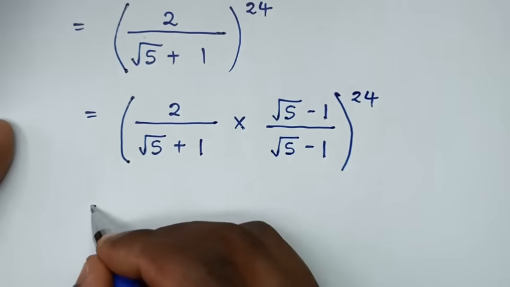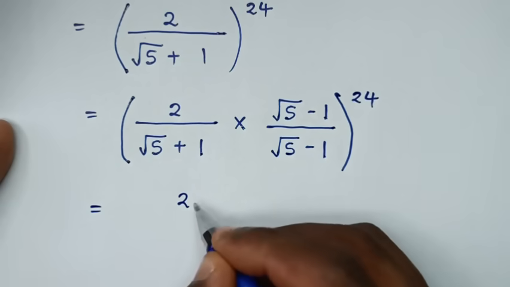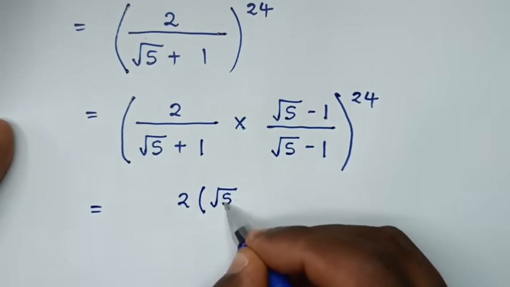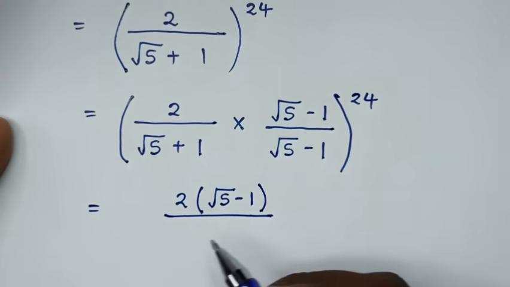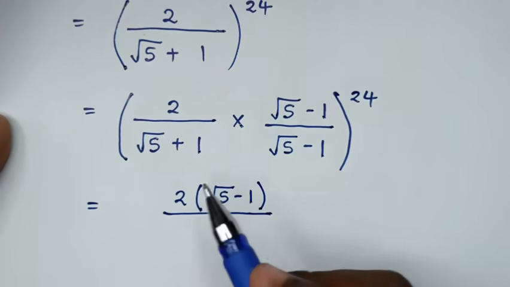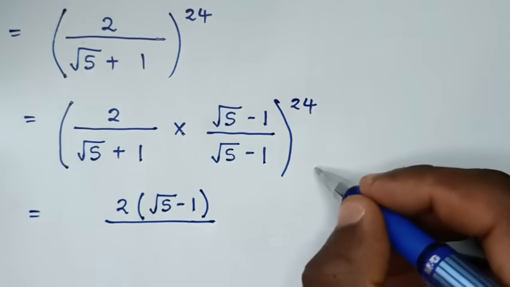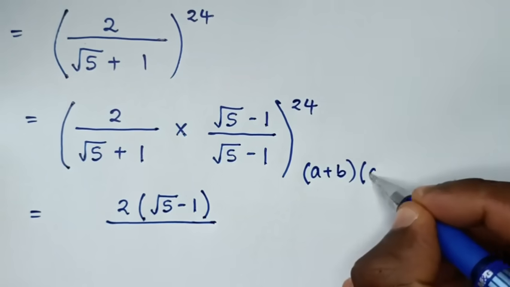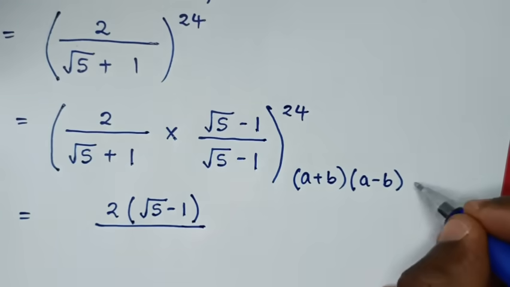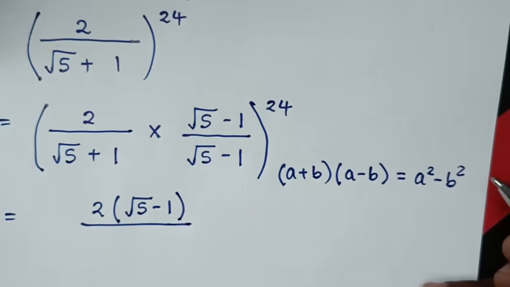Then in the next step, it will be equal to 2 times square root of 5 minus 1, so 2 bracket square root of 5 minus 1 bracket. Then over, square root of 5 plus 1 times square root of 5 minus 1 is in the form of a plus b bracket a minus b bracket, which is equal to a square minus b square.